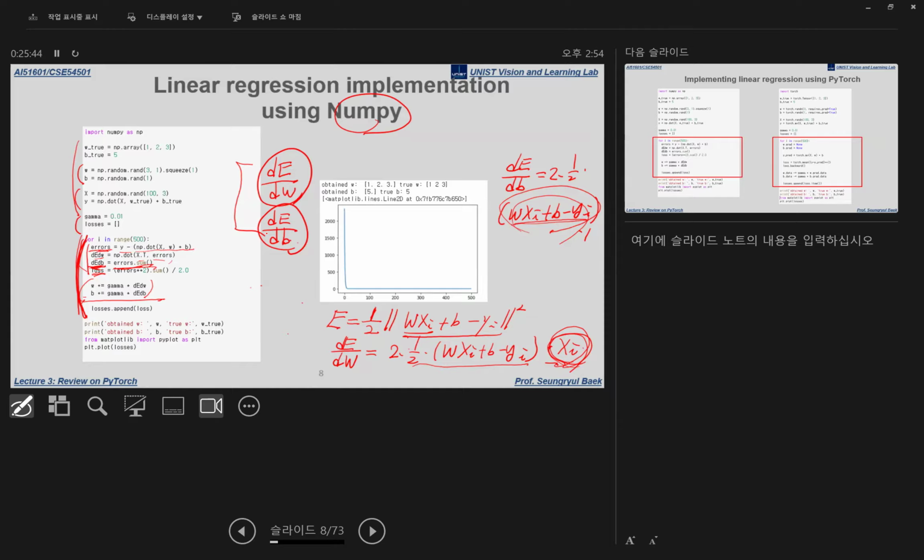It is not that simple to implement, and for deep learning architectures having more than one layer, the situation becomes worse. Calculating all the gradients by yourself and implementing that at the code level becomes a tedious job. So PyTorch is helping you to avoid those kinds of boring tasks.